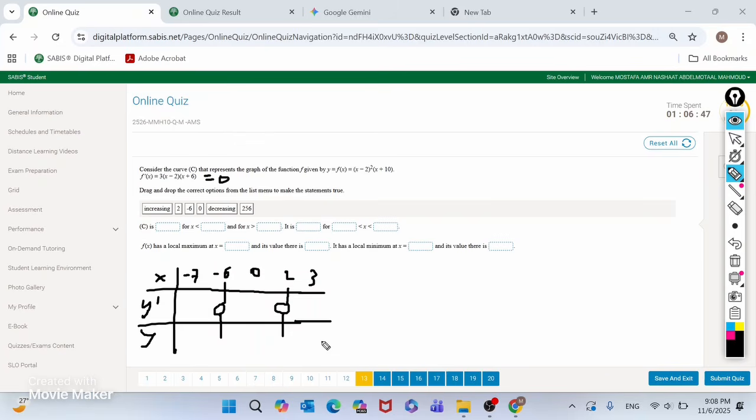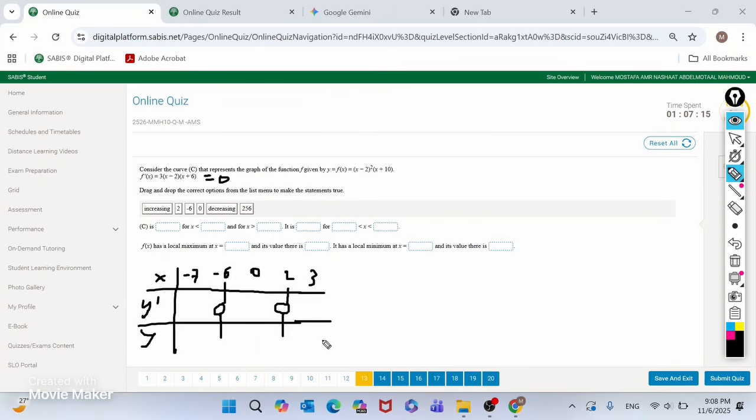Just give me 2 seconds, I'll do that on the calculator. So 3 times (x minus 2) times (x plus 6), at negative 7.